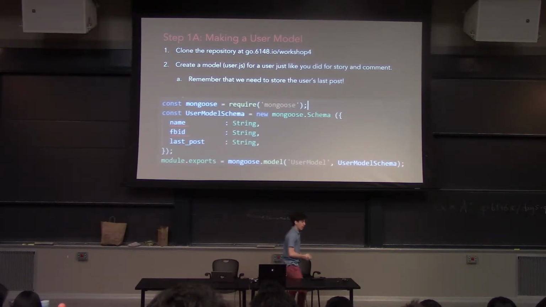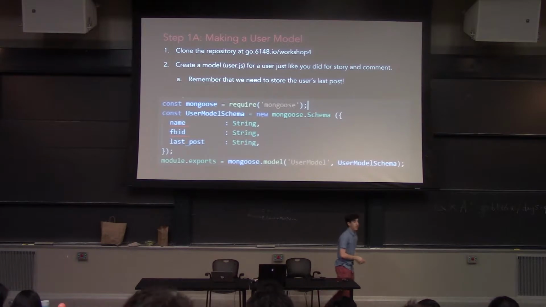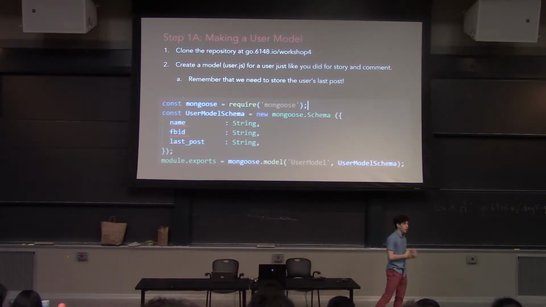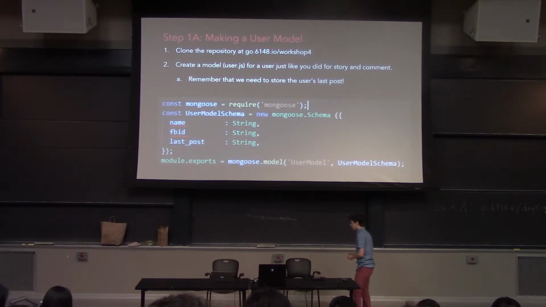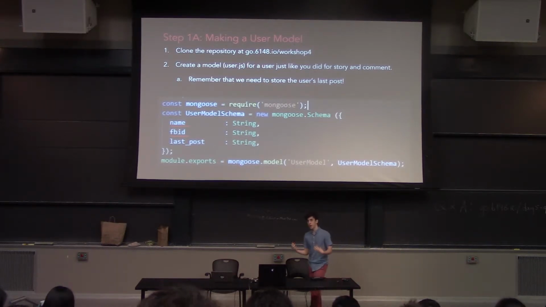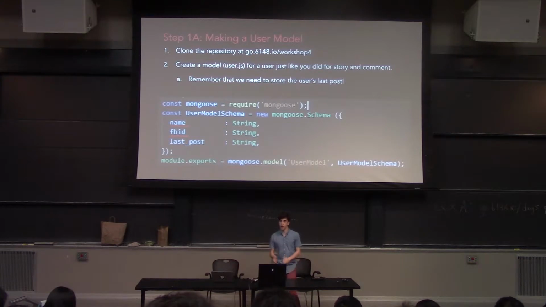Now we have something called the FBID. And this might seem confusing. Why do we need another form of ID? Because remember, the way this database works with Mongoose is that everything already has an underscore ID. Why do we need a Facebook ID? It's because after you authenticate, Facebook will just throw at you a Facebook ID. It won't know what your underscore ID is.